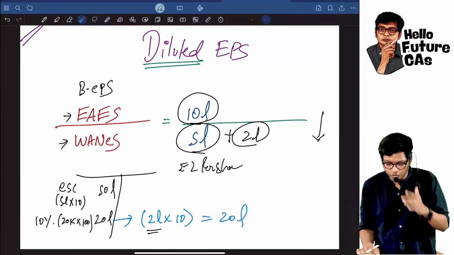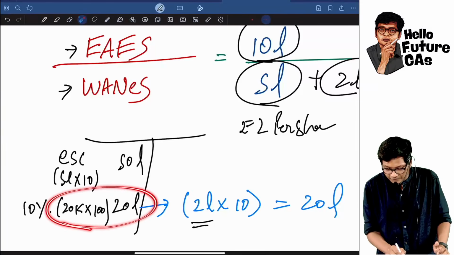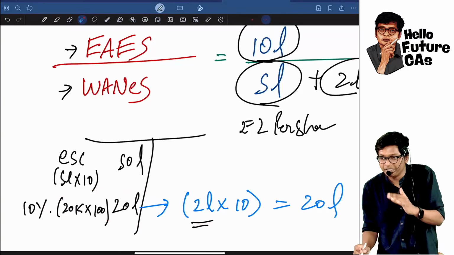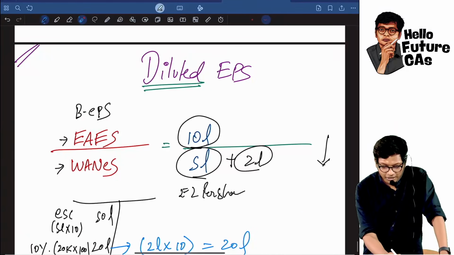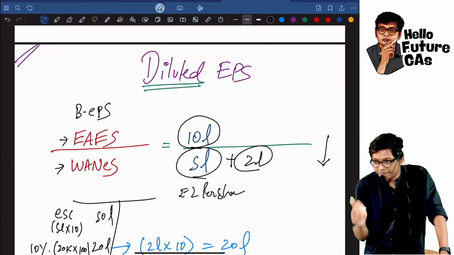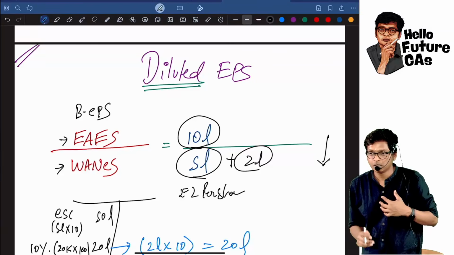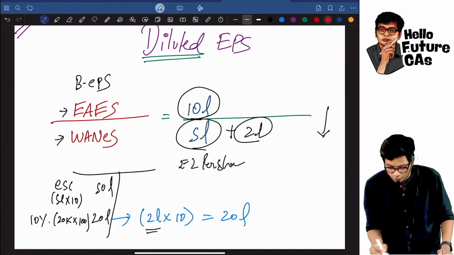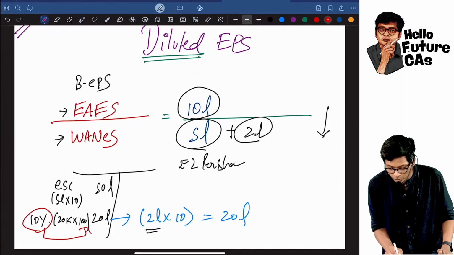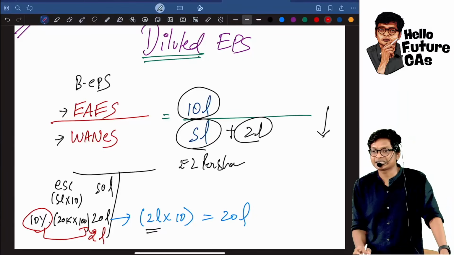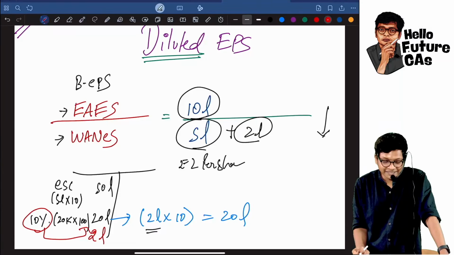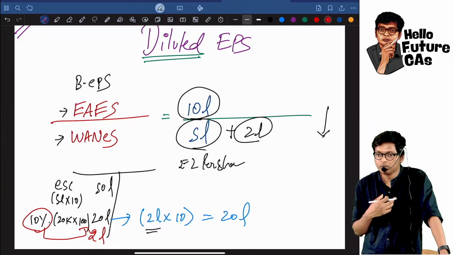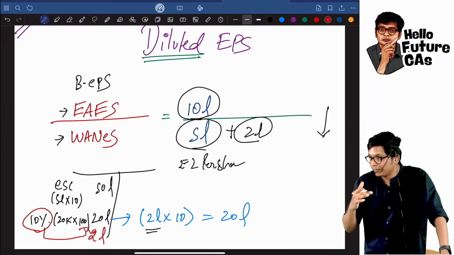So for this, because of this conversion, you have to change my numerator and denominator. Here I already wrote down my denominator is going to increase by 2 lakh new shares. Will my numerator also change? Yes. Earlier I used to pay interest of 10% on 20 lakhs, which is 2 lakhs. Now I don't have to pay, because debentures are converted, I am going to save interest.